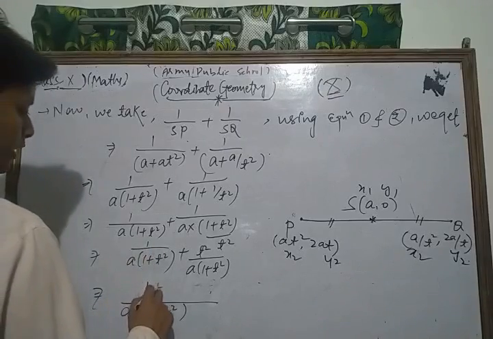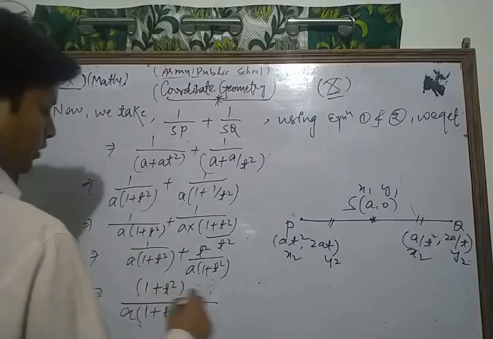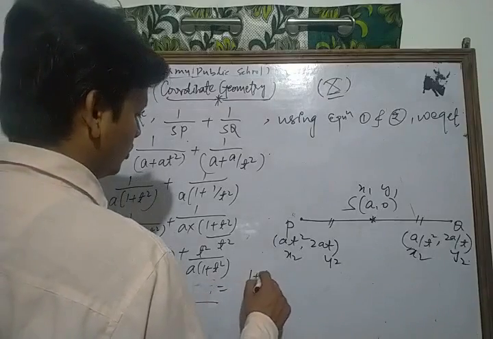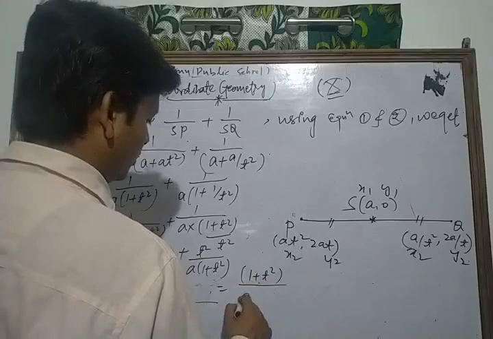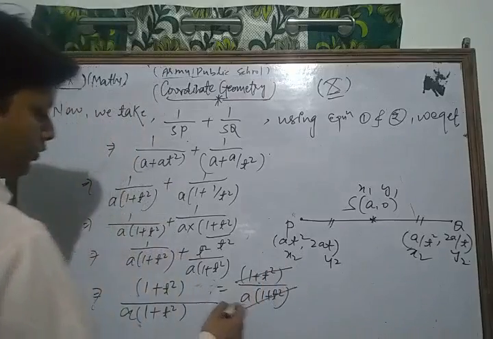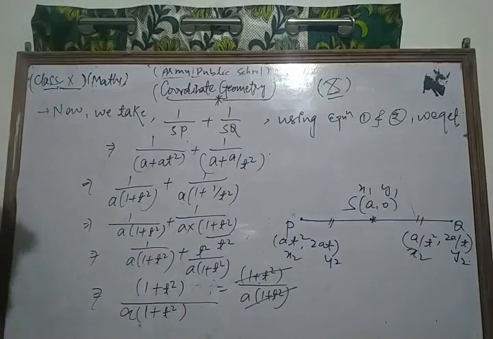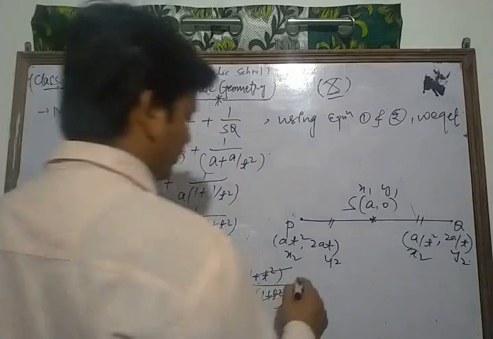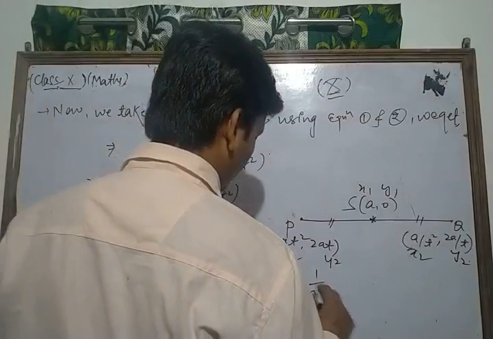So here we get 1, here we get t square. So we get 1 plus t square upon a into 1 plus t square. So 1 plus t square and 1 plus t square cancel each other. So we get 1 upon a.